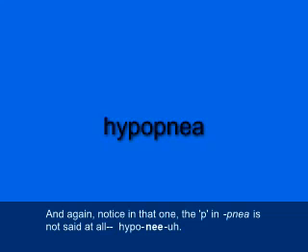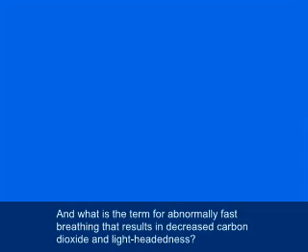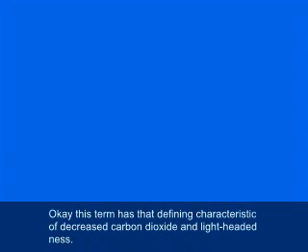Hypopnea. And what is the term for abnormally fast breathing that results in decreased carbon dioxide and lightheadedness? Okay, this term has that defining characteristic of decreased carbon dioxide and lightheadedness.